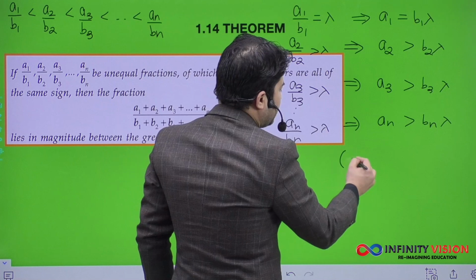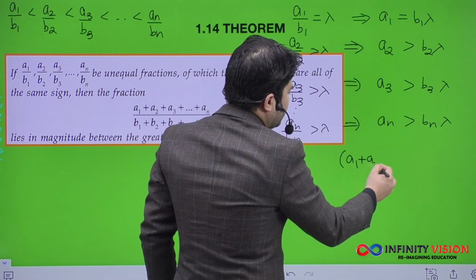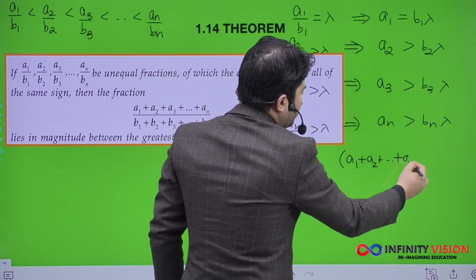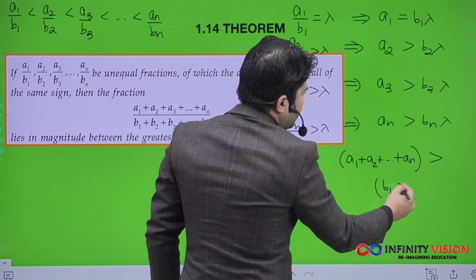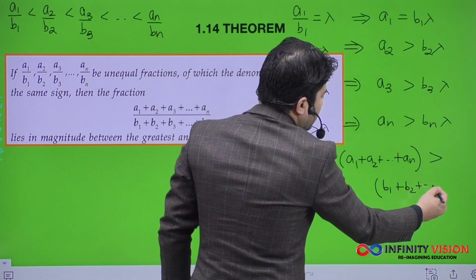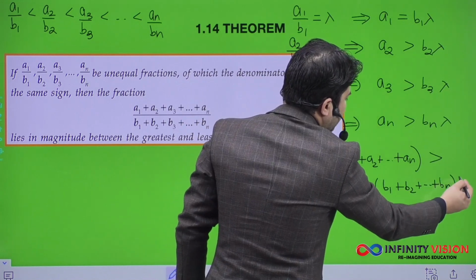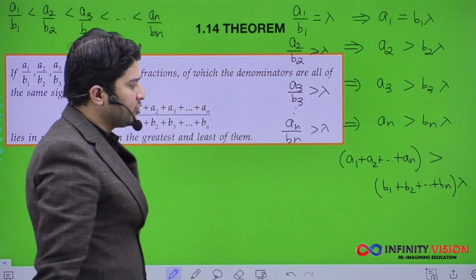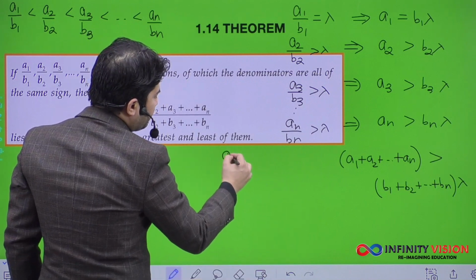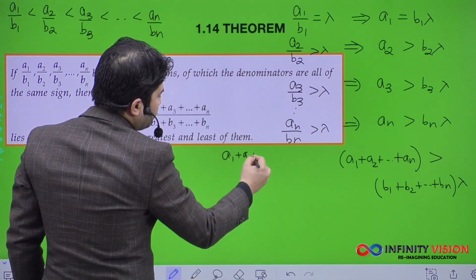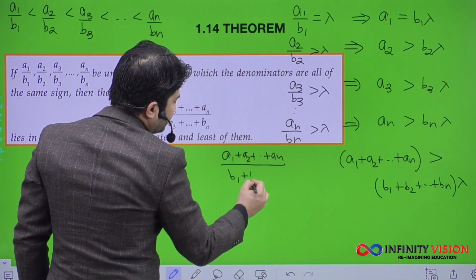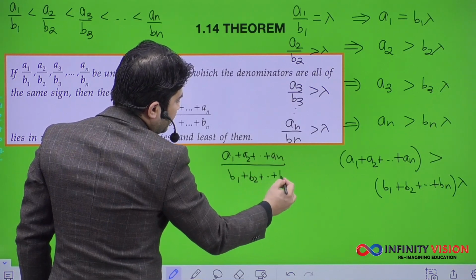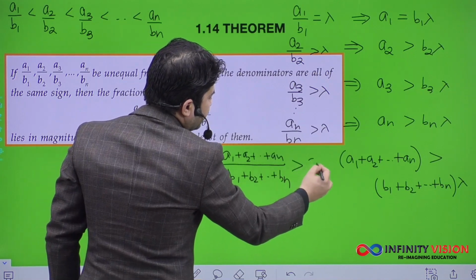So a1 plus a2 up to an will definitely be greater than (b1 plus b2 up to bn) lambda times. So (a1 plus a2 up to an) upon (b1 plus b2 up to bn) will always be greater than lambda.